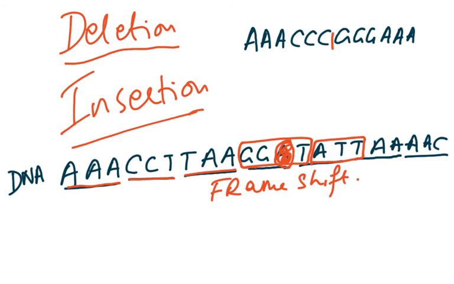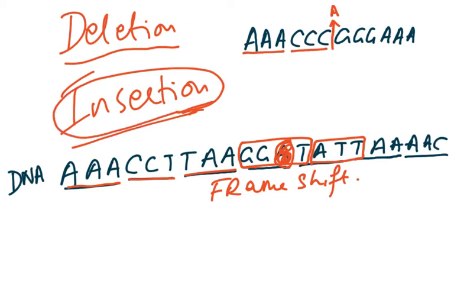Now in between here, we have an A. So if that is added, you realize how this is going to change it. Now this of course remained the same before the insertion, but after the insertion, this was GGG, but now it is going to become AGG. And this is going to shift ahead.